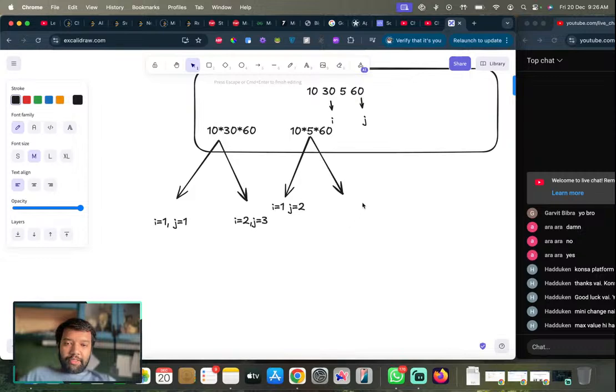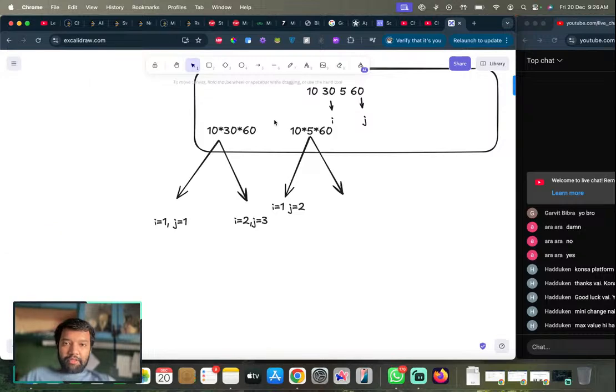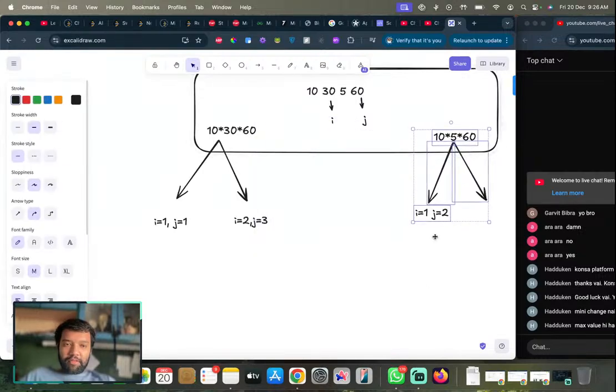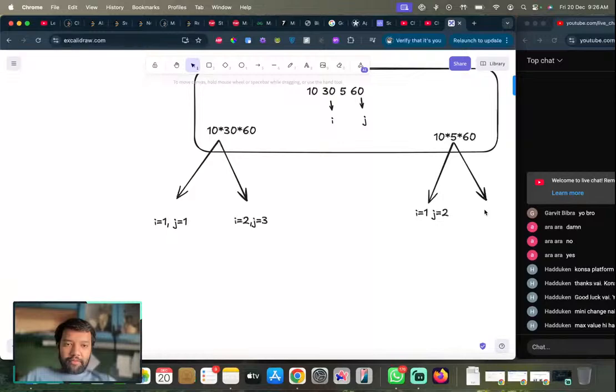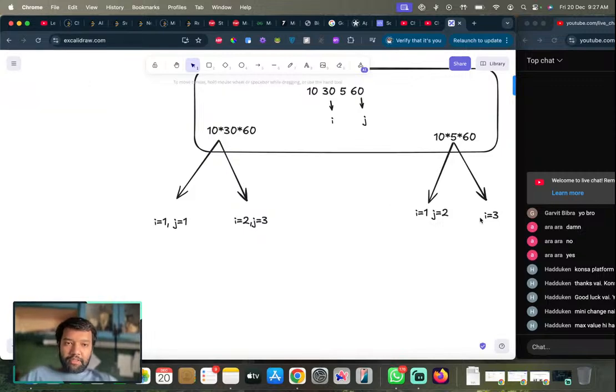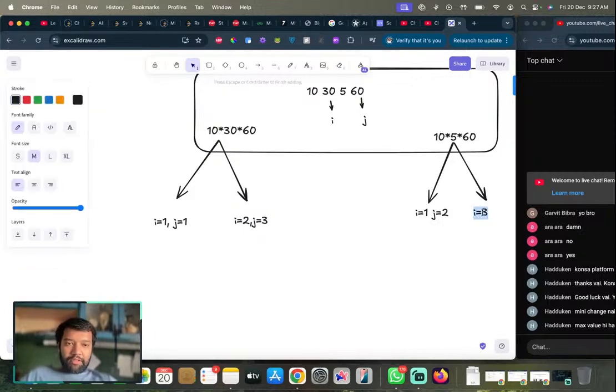Second partition would be, okay, so only 2 here, so I can, j is equals to, I is equals to q plus 1, which is 3, j is equals to 3.